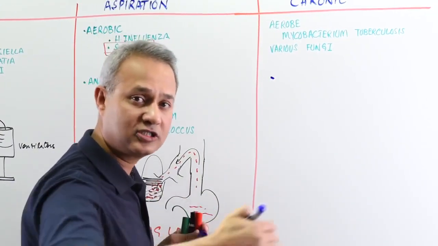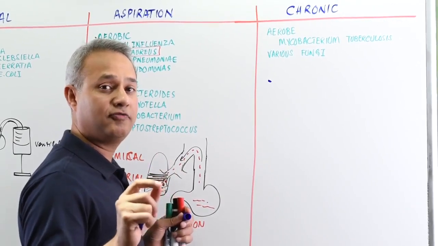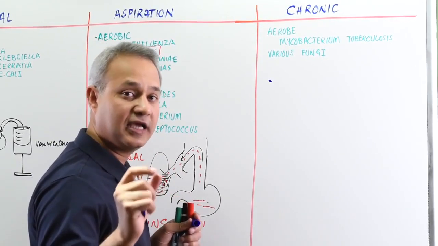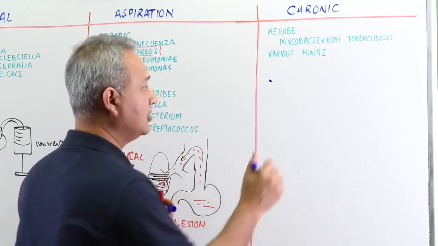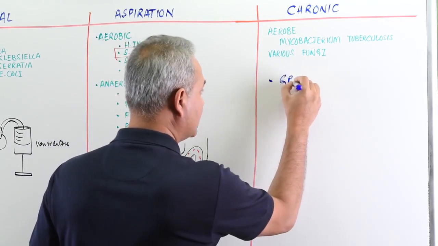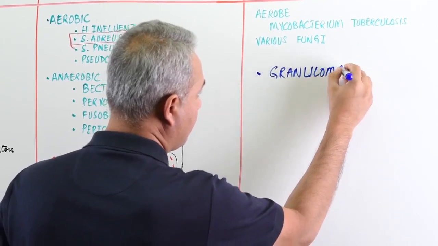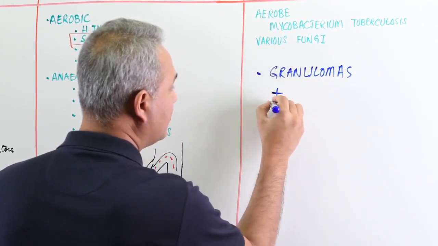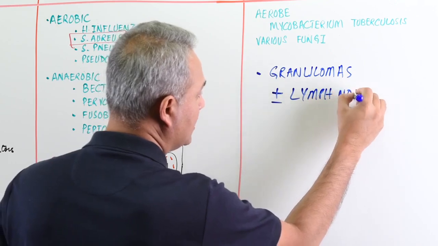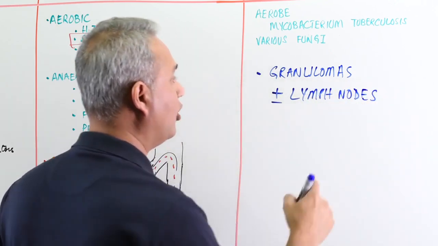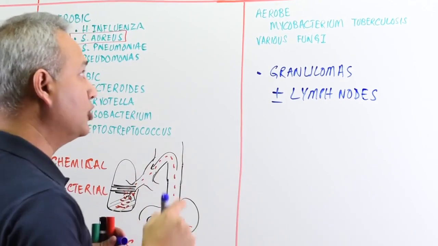Of course, it is a long-term infection which may or may not involve the lymph nodes and usually is granulomatous. So granulomas are involved, plus or minus lymph nodes. That is the definition of this type of pneumonia.